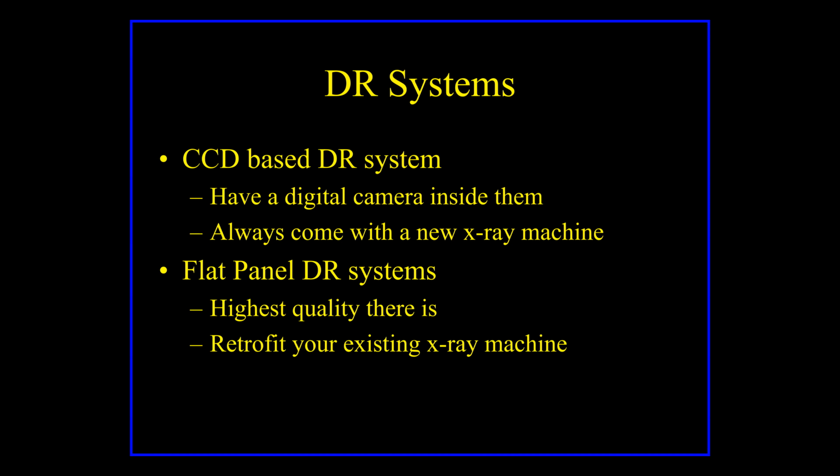That's a light detecting chip that will make a picture and transmit it digitally and make the computer show the picture. CCD based x-ray systems have a camera that's fixed at a certain depth under the table, and as soon as that x-ray makes this phosphor plate flash in light, it takes a picture of it and shoots that picture over to a computer system.